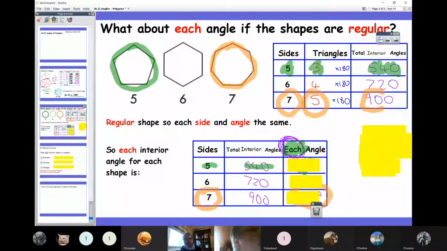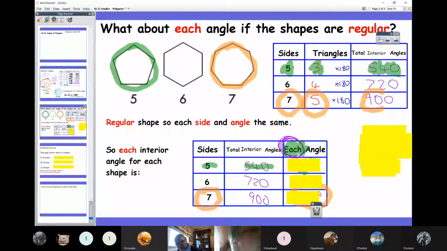Now, how do I then work out what each angle is? Let's take that 5-sided shape. This is all the stuff I've highlighted in green. It had 3 triangles, so the total angles were 540. Now, if we're trying to work out, and this is what I'm doing at the table at the bottom, what each angle is, it's got 5 sides, so it's got 5 angles.